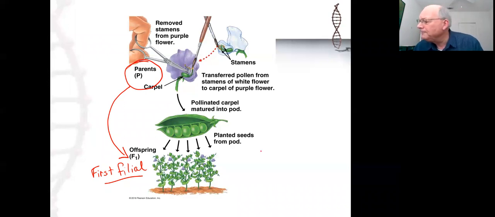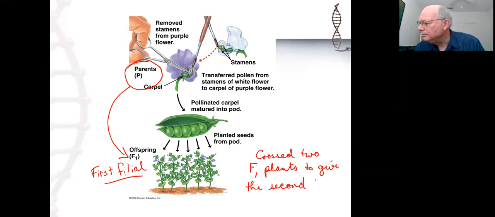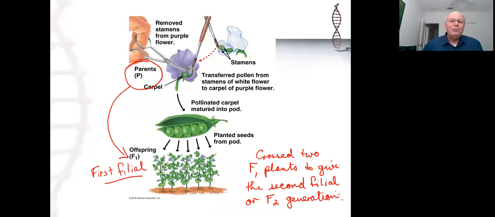And so he crossed two of the F1s, or more likely, allowed an F1 to self-pollinate, because that's the equivalent of crossing two F1s.